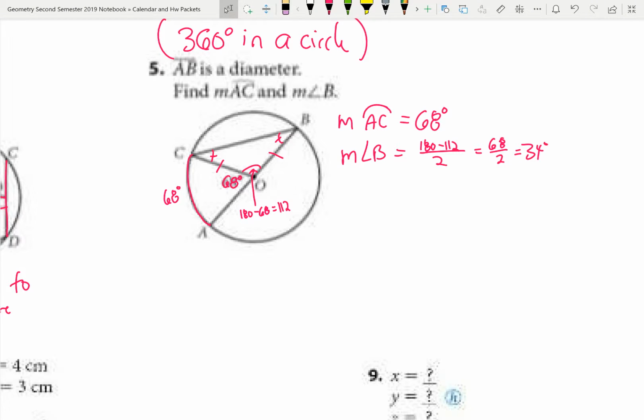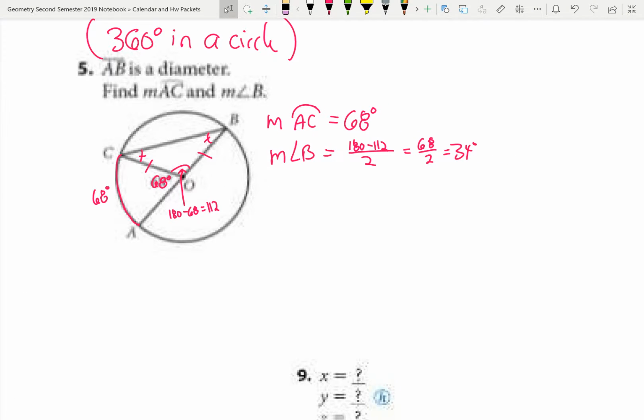To do this, we used a couple of things. We use the fact that the measure of the intercepted arc equals the central angle it intercepts.